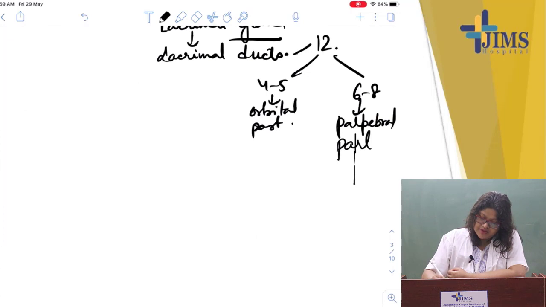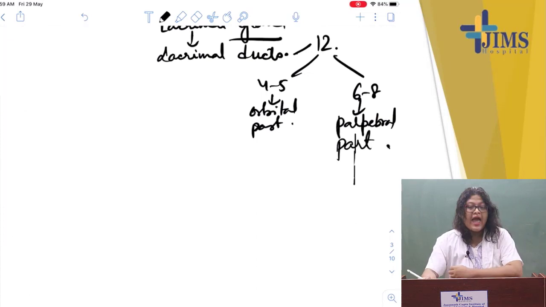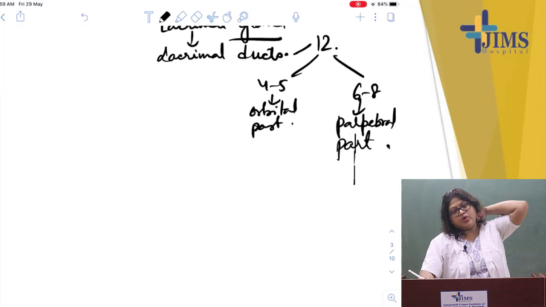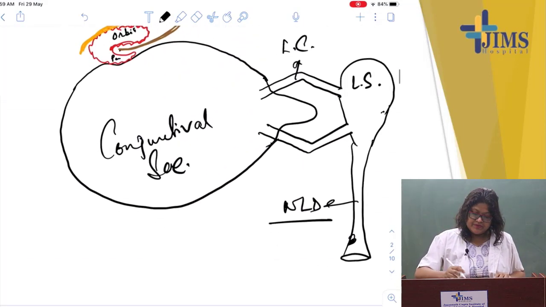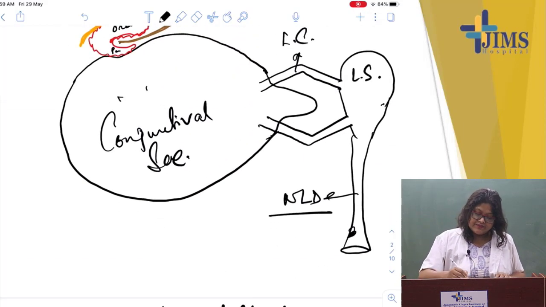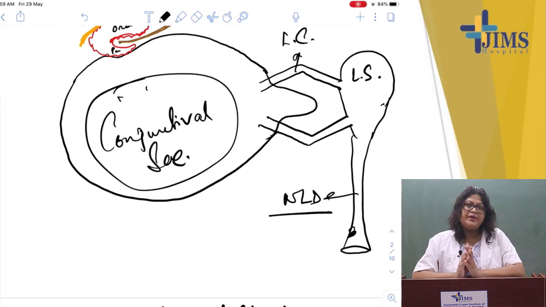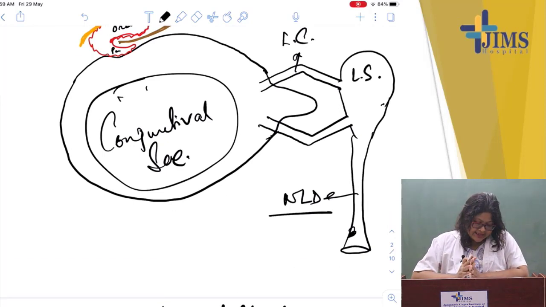And all these ducts will open into the conjunctival sac, in the superior conjunctival fornix.